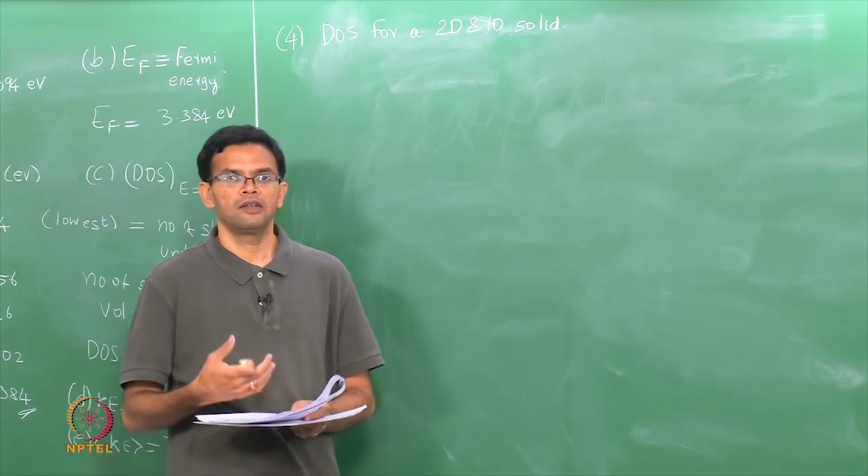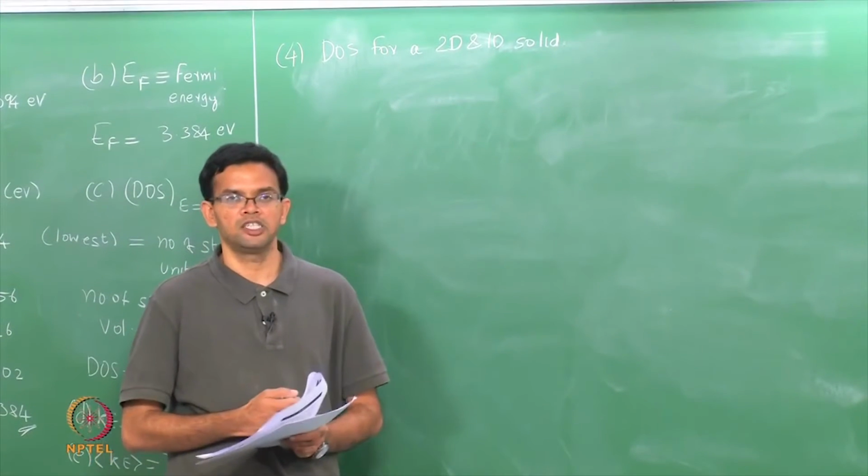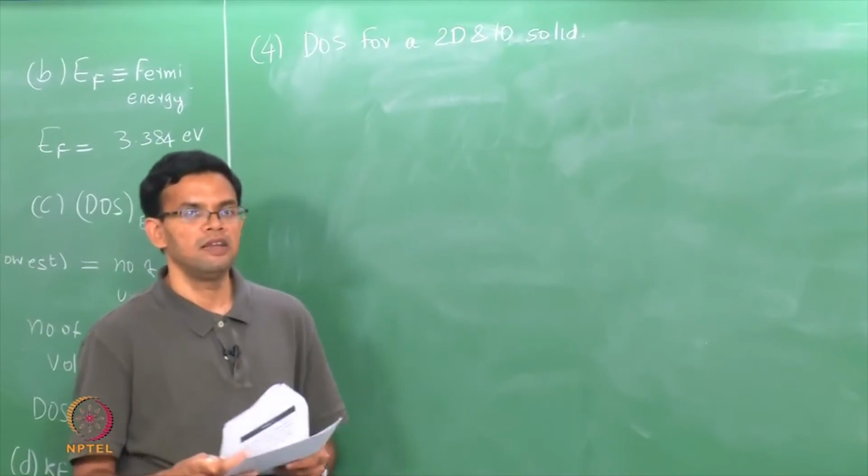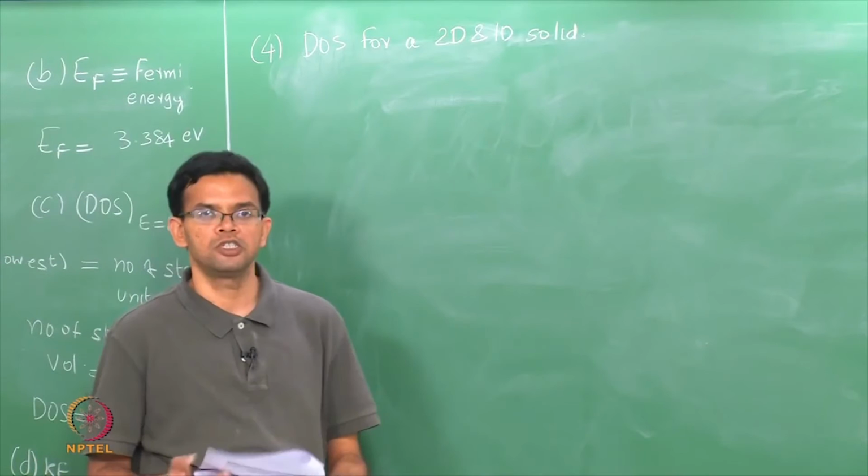So, we have looked at how to derive for a 3-dimensional solid in class. So, let me refresh that briefly and then we will come back to how we do this for a 2D and a 1D solid.